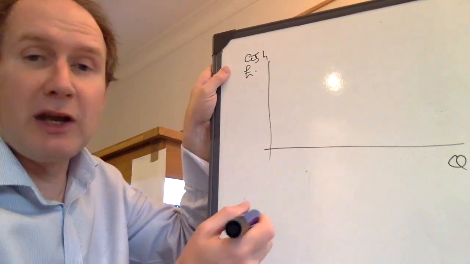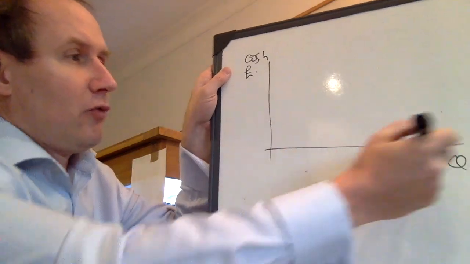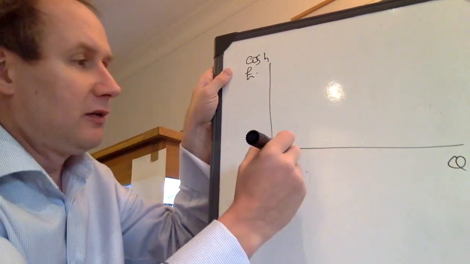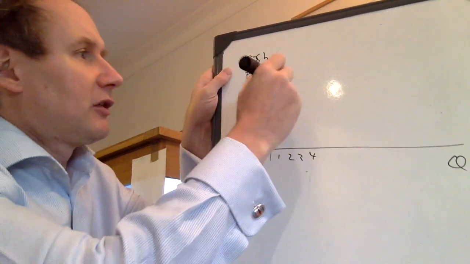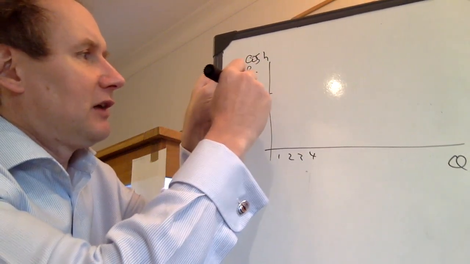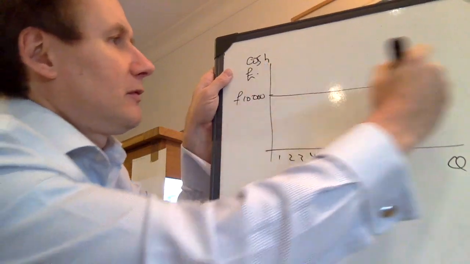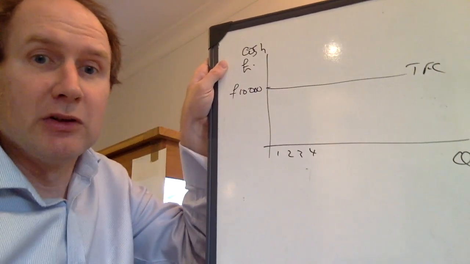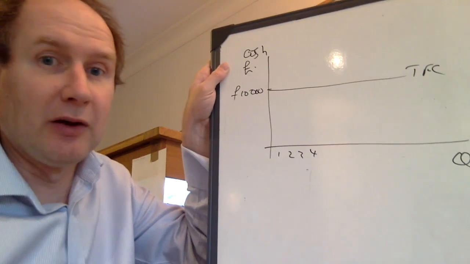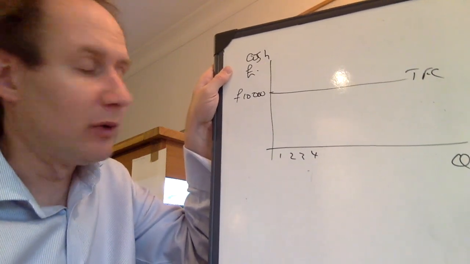And we said, well, look, for an airline, it doesn't really matter whether you have 1, 2, 3, 4, 10, 20 or 30 passengers. The cost of the flight is, say, 10,000 quid. My total fixed cost then looks like that. So in total, I'm going to pay 10 grand, in the form of pilot salary and so on.